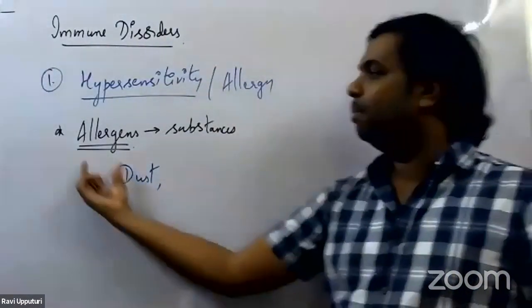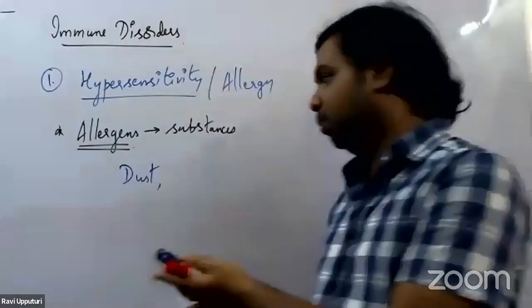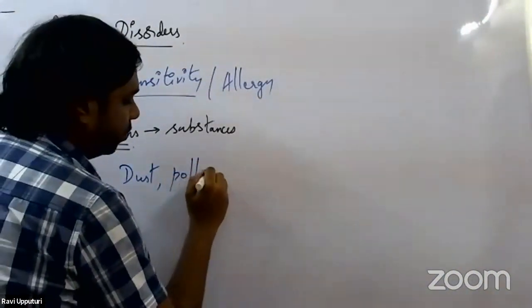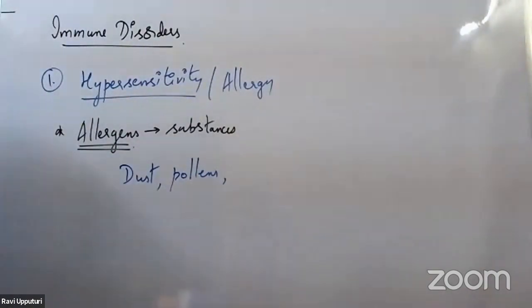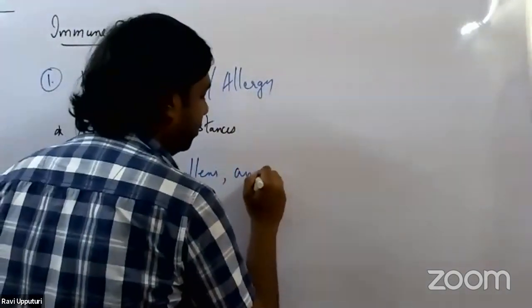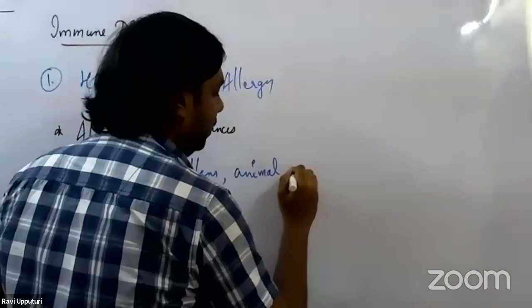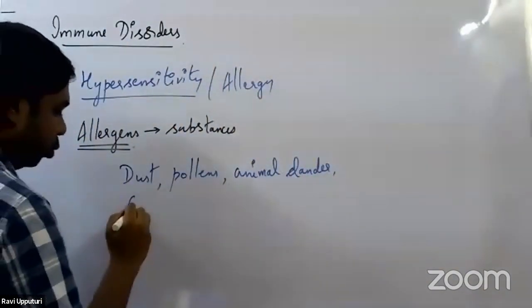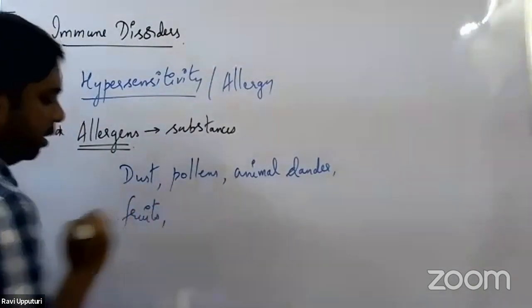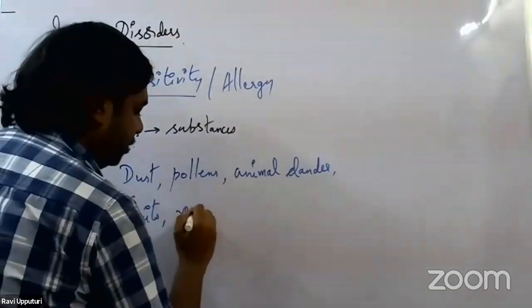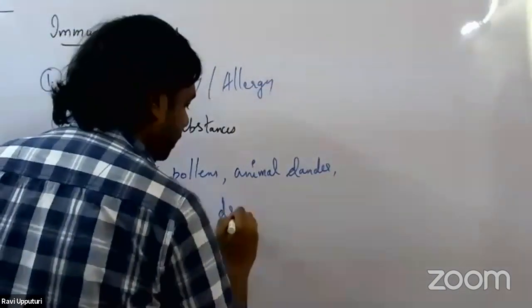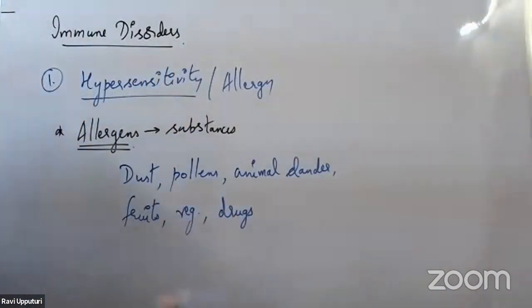So one of the examples of allergens is dust. Along with dust, some people are allergic to pollen grains, right? Some are allergic to animal dander. Some are allergic to some sort of fruits, some to some sort of vegetables. Some are allergic to some sort of drugs, that is medicines such as penicillin.